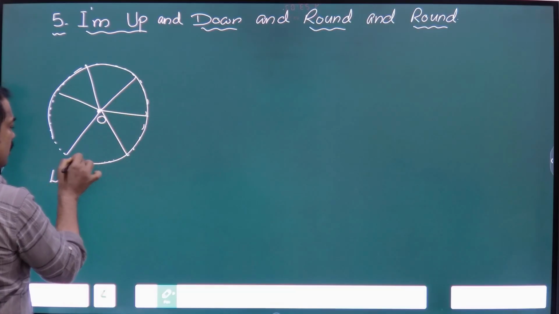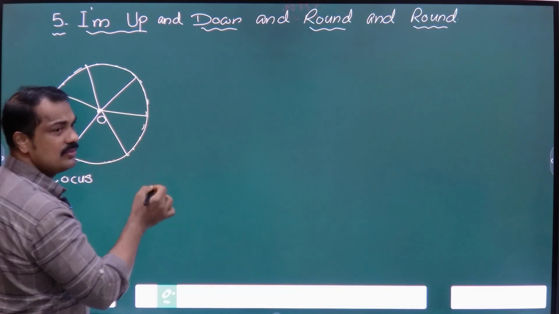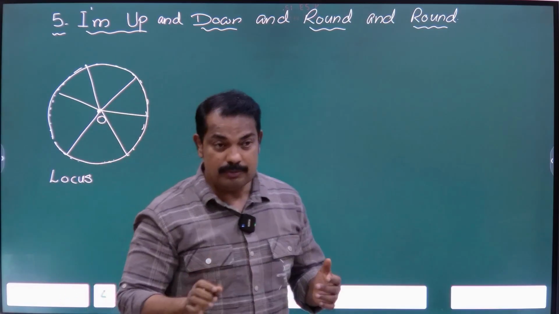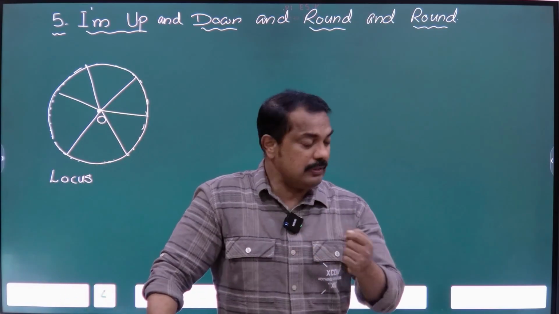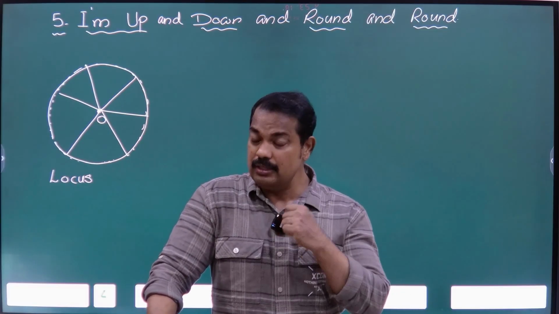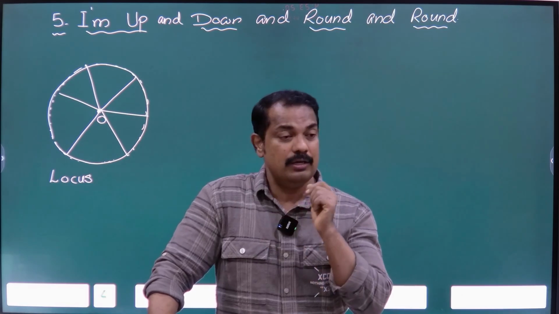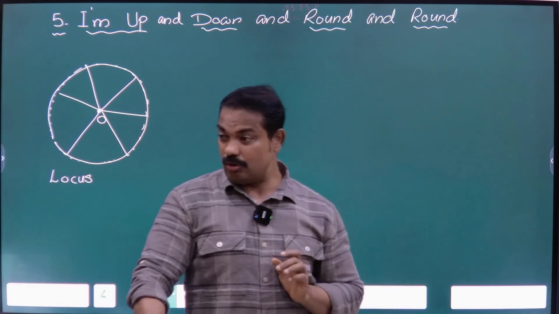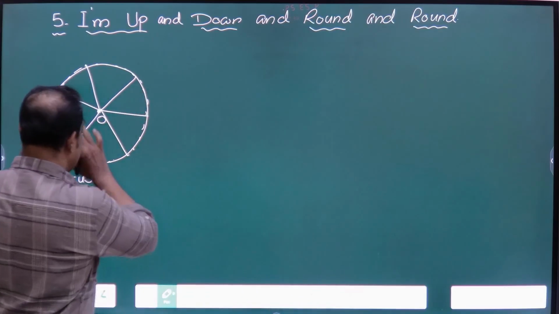This is the locus, and this locus is called a circle. The locus of the points that are equidistant from a given point is called a circle.